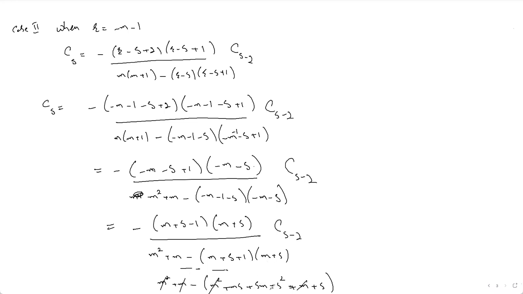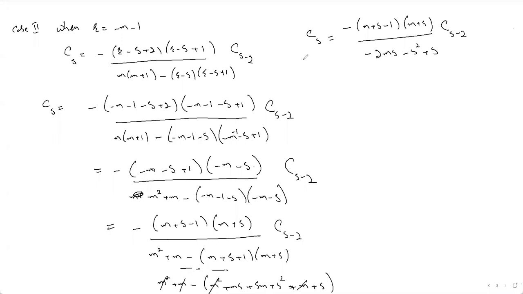I will be left with ms plus sm, that is 2ms, but with a minus sign, minus 2ms. Let me write this once again here: minus (m plus s minus 1) into (m plus s) divided by m minus 2ms minus s square plus s, okay, cs minus 2. And this is equal to cs is equal to this, okay, from here.